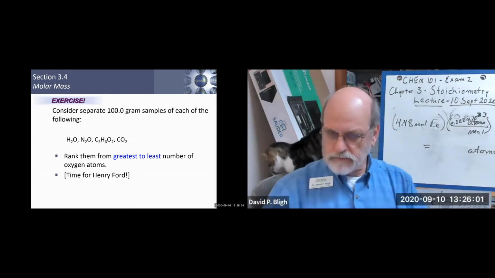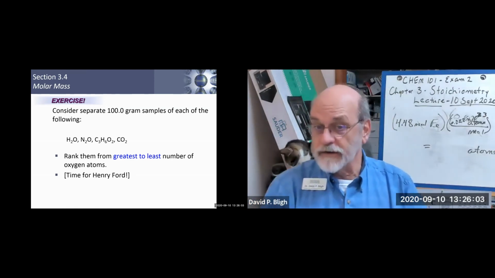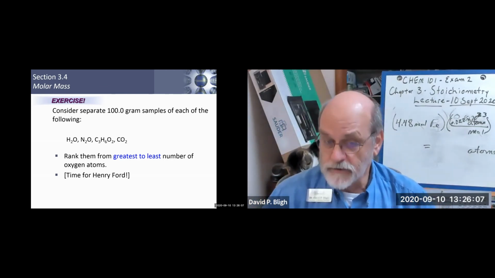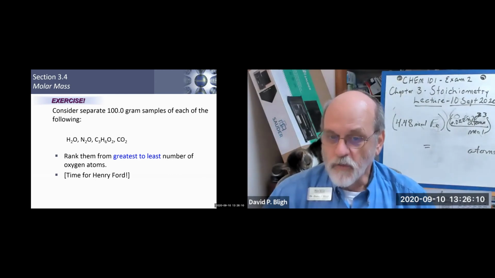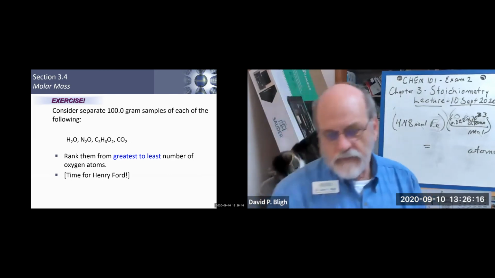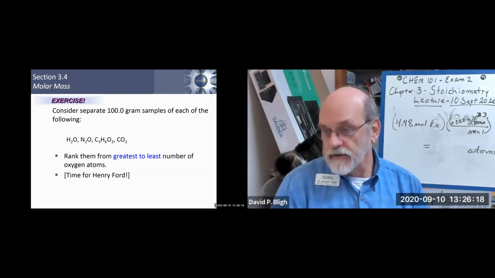Okay, now we're getting more complex with our problem solving. If we have 100-gram sample of each of these compounds, rank them from greatest to least number of oxygen atoms. All right, for this solution, I go back to Henry Ford, the assembly line.